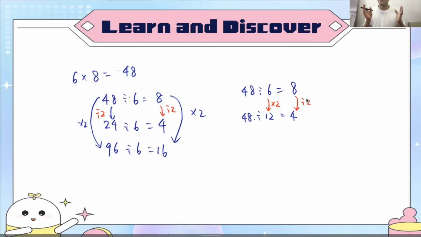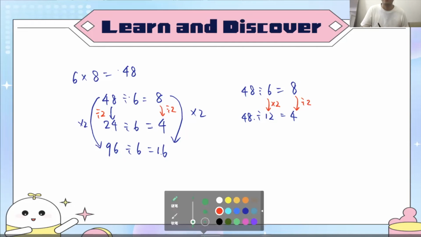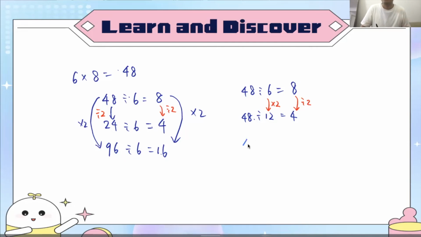Here is another question. We need to test what happened here, right? So if we use 48 divided by 3, what do we have? We have 16, right?